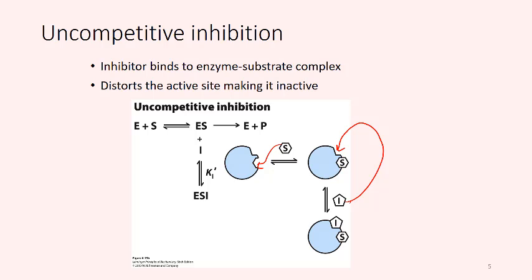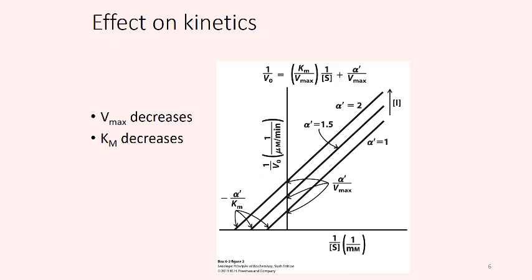The Km is going to decrease. We think about the Km as the amount of substrate that we need to reach half Vmax. If you have fewer enzyme sites available for the substrate to bind to, it's going to take fewer molecules of substrate to reach half Vmax, and so the Km will go down.